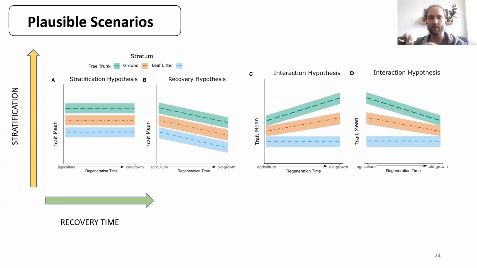In this example, if we think of body size, the ants in the tree suddenly get bigger, while the ants in the leaf litter don't change at all in their body size. There are many different possibilities, so I have drawn 2 scenarios in C and D. In C, we see that the strata actually become more different during recovery, while in D, we see that they converge together.